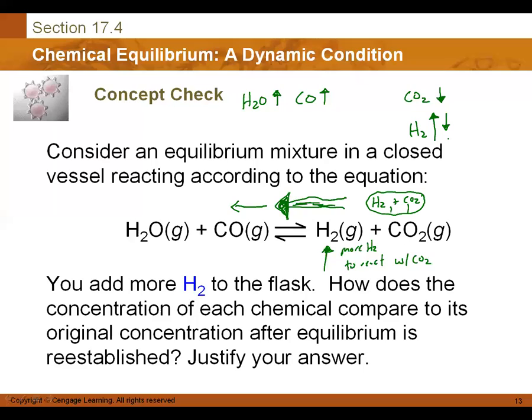So it may be a situation, like we were talking about with the H2O in the previous example, that you may actually see it end up being a little bit higher than it started with. And that is mainly because you took it off the shelf and dumped it into this reaction. So you artificially increased it, but really what you'll be seeing is it will start to work its way back down. Any questions on those two?